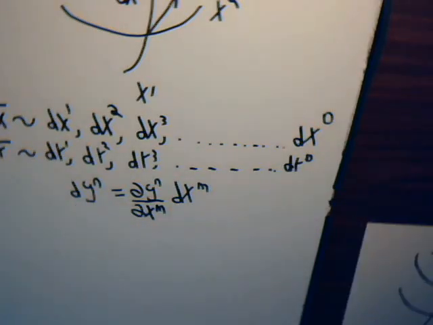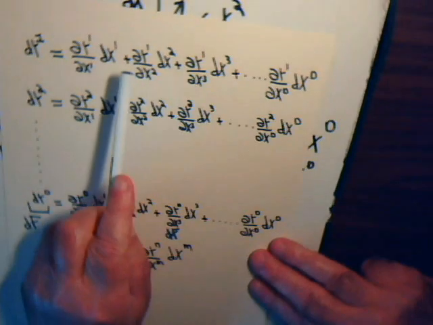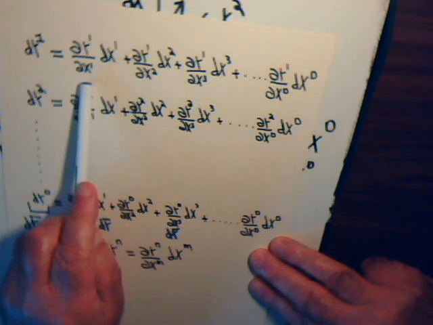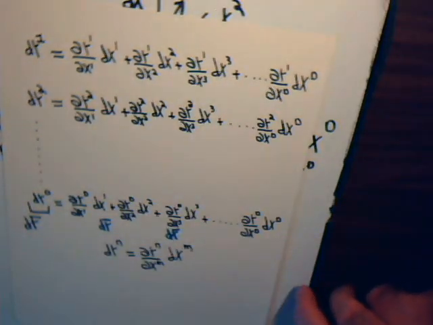So this formula right here is really representative of this set of equations. Here we have n equals 1, so we have dy1, and then we're taking the partial derivative with respect to x, where m goes from 1, 2, 3, and so forth until we get to the last coordinate.